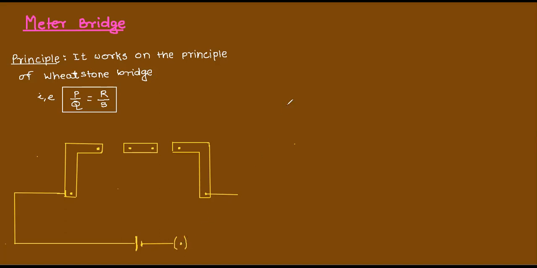Can you see here? This is a key. Then complete this circuit. So this is a cell, and its EMF is capital E. This is the key, and here you have one wire connected, whose length is 1 meter.